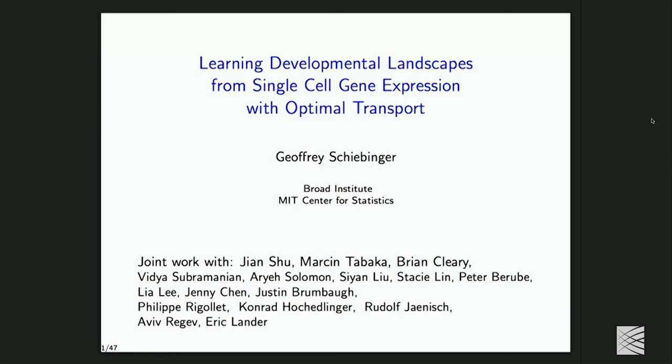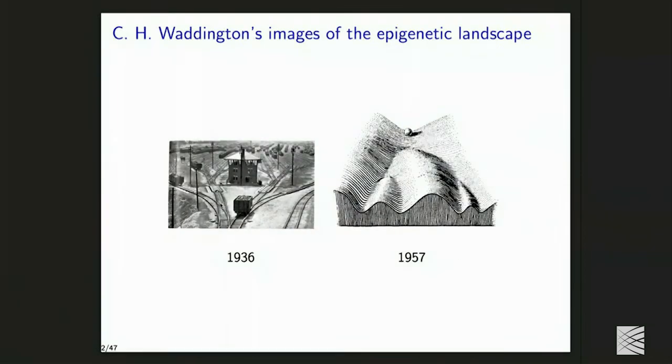So I'd like to start by showing you two images. Conrad Waddington, a famous developmental biologist, produced a series of images to illustrate the epigenetic landscape, or the developmental landscape, that a cell travels through on its journey from a stem cell to a differentiated cell.